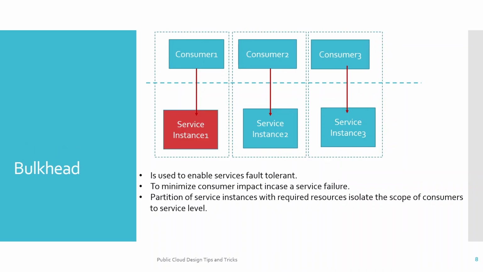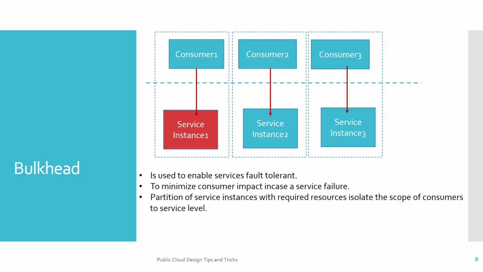Now, what is a bulkhead? Bulkhead is always used to make services fault tolerant. If you see in this diagram, there are different consumers accessing the same service. Instead of having a dependency of the same service on different consumers, what we have done here is we have created different instances of services.